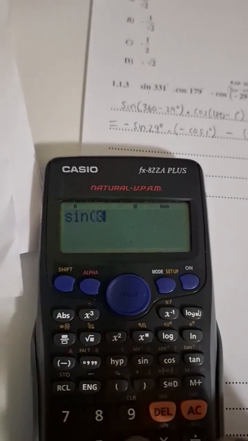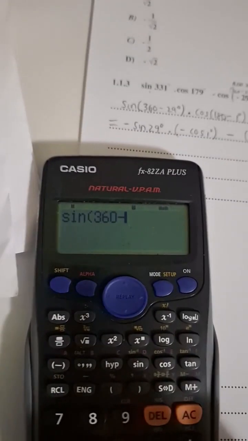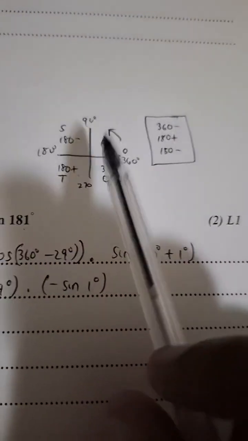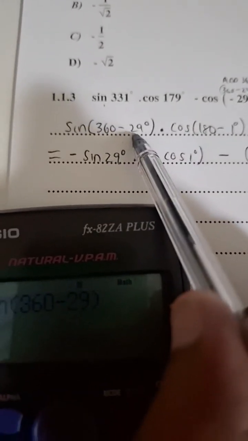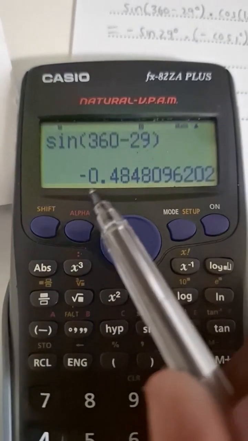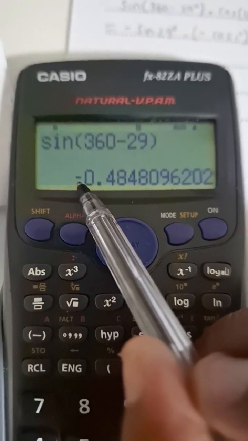But guys, you can also determine the sign by simply typing in all of this. If you've forgotten everything that you need to remember about cast, you can always just put this into your calculator as it is, so that you can determine what the sign is. You see 360 minus 29, look at this. You see it's a negative answer.